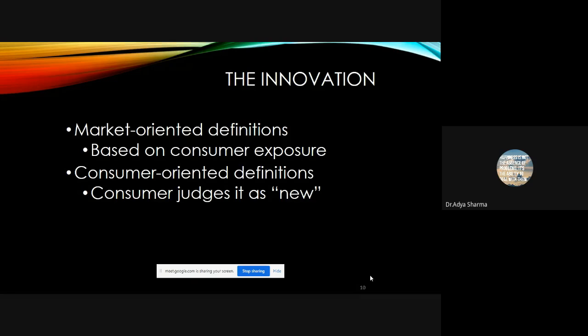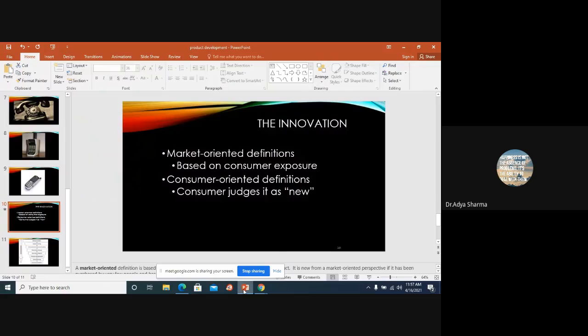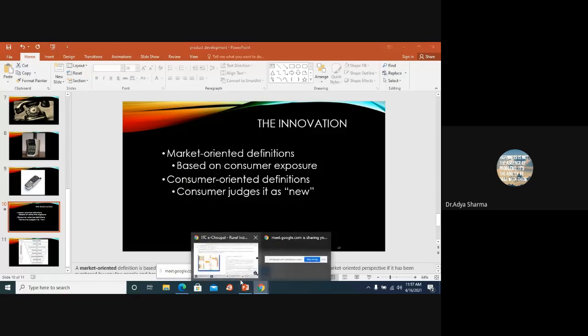Because at the end of the day, the consumer should feel that he or she is buying a latest product. And therefore, while you may have innovation from a firm point of view, from a market point of view, from a product point of view, at the end of the day, it is extremely important that you should have it also from the consumer point of view.